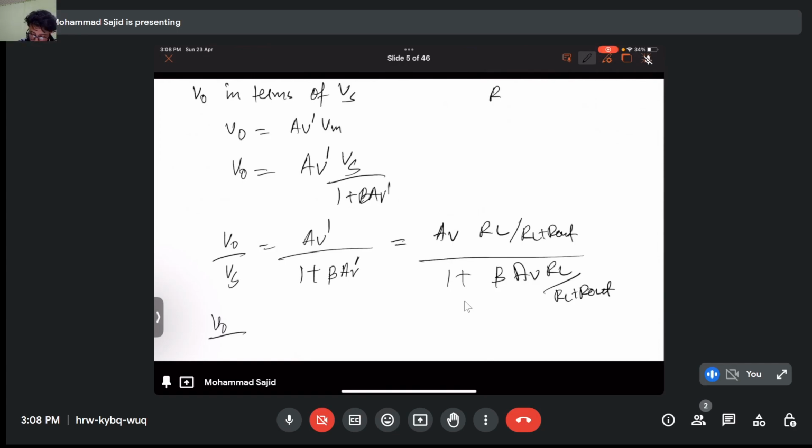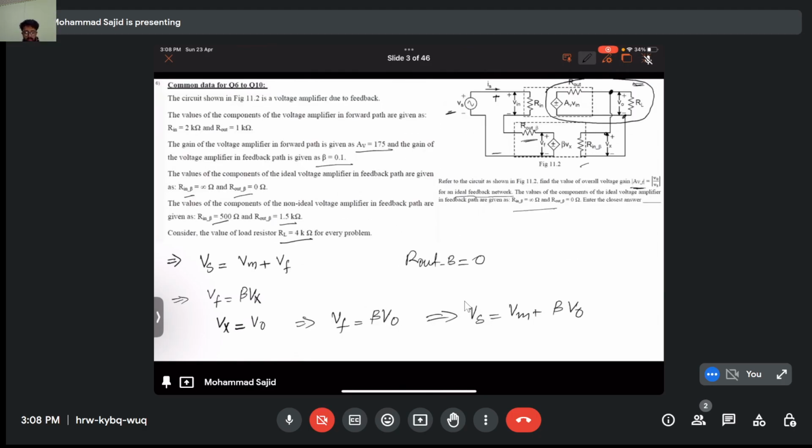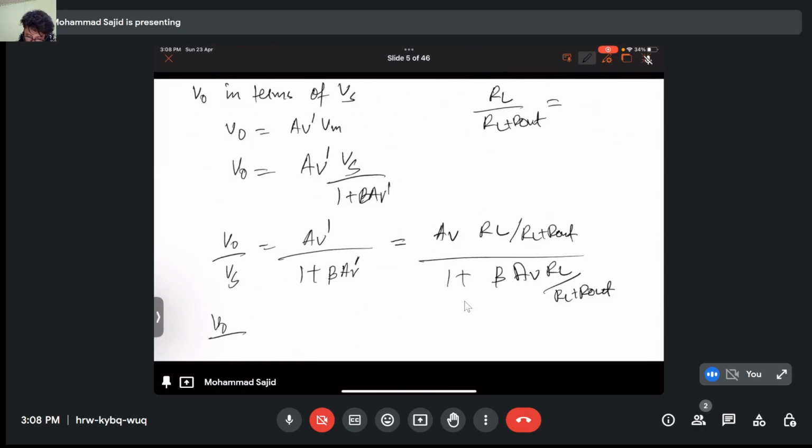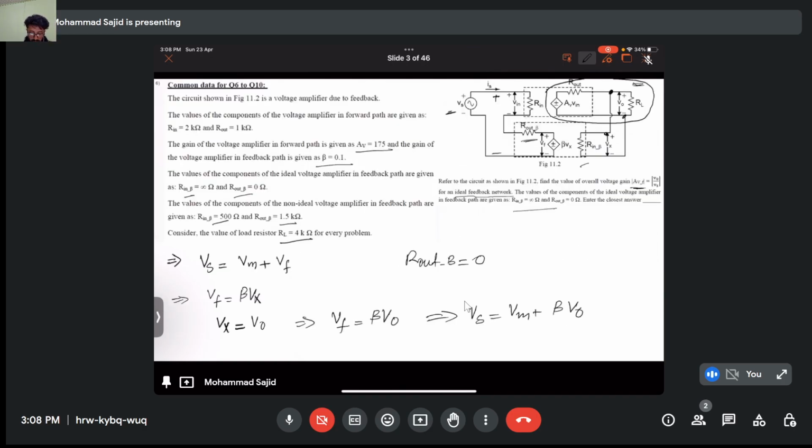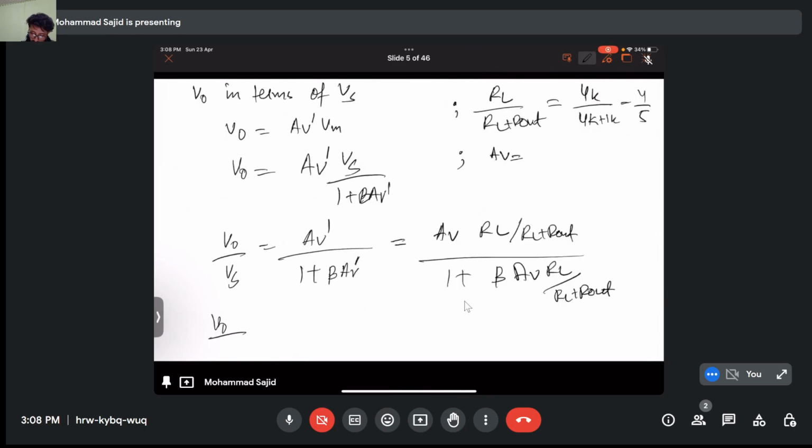Let's first find what is RL divided by RL plus R out. RL is 4K and R out is 1K. 4K divided by 5K, that is 4 by 5, and AV is given to us as 175.